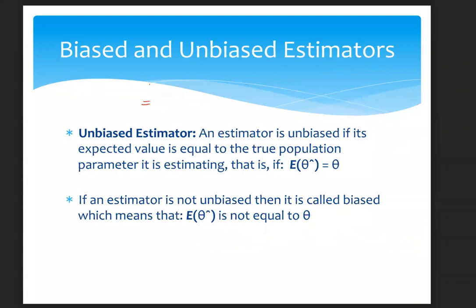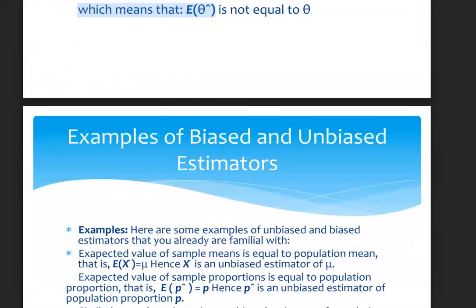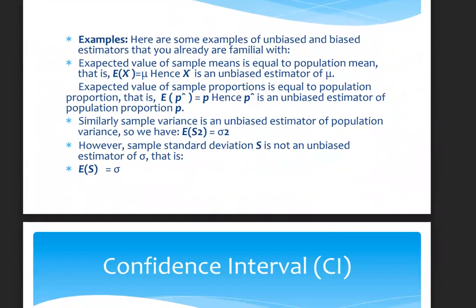There are three situations we're going to talk about here, which I kind of already talked about. We have the following scenario. Expected value of X bar, by the way, is actually mu. Expected value of P hat is actually P. And expected value of S square is actually sigma square. So these three are unbiased estimators.